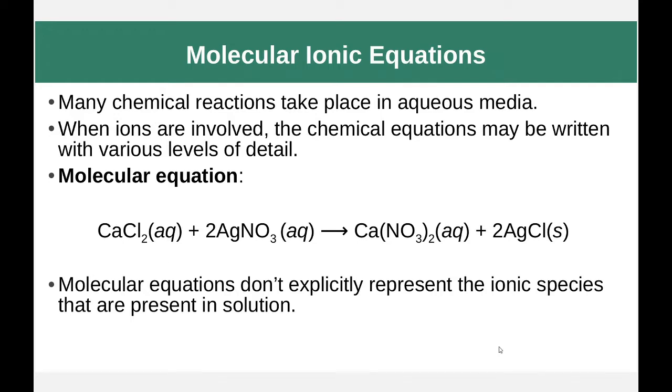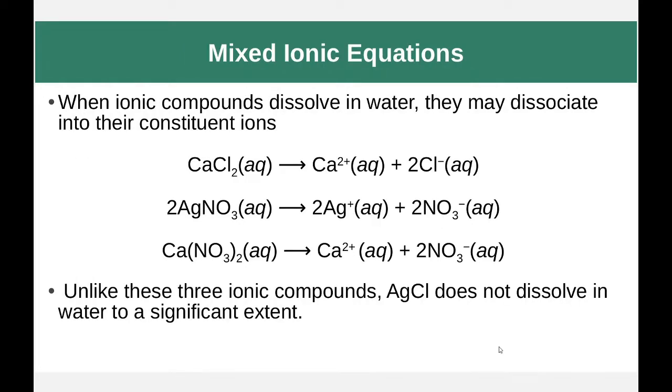Many chemical reactions take place in aqueous media, and when there are ions, ionic compounds involved, we have choices about how we're going to write it. First one being the molecular equation, which looks very similar to the type of reactions that we've seen so far. We have all the compounds written out with their states next to them. But what's happening here is we're not explicitly writing out the different ions that are participating.